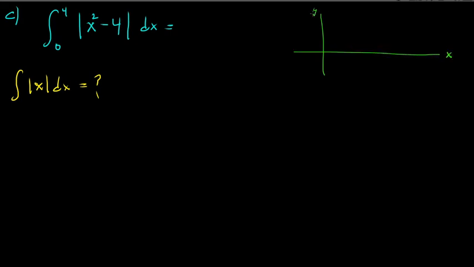So if we just graph this, x squared minus 4, here's 4, here's 2. Well, x squared minus 4 is just the parabola, 2 squared, so it's 0 at 2.